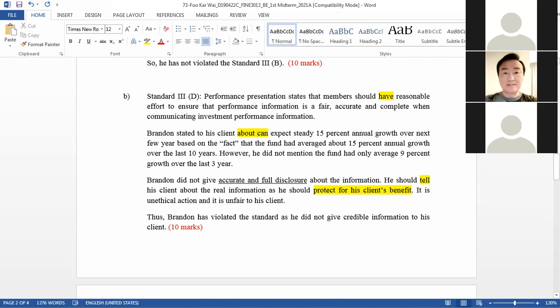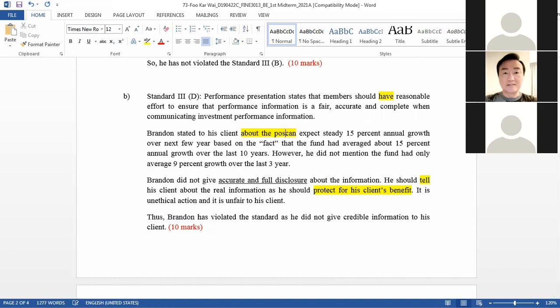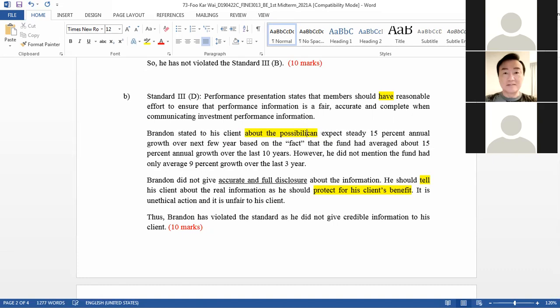About the possibility of, something like that. You see how much smoother.